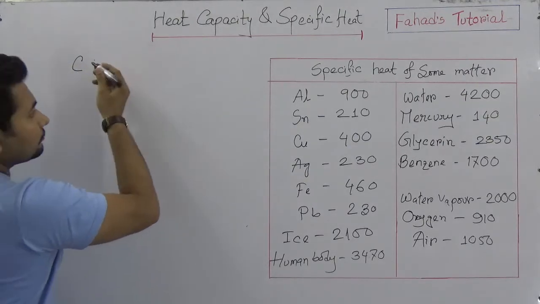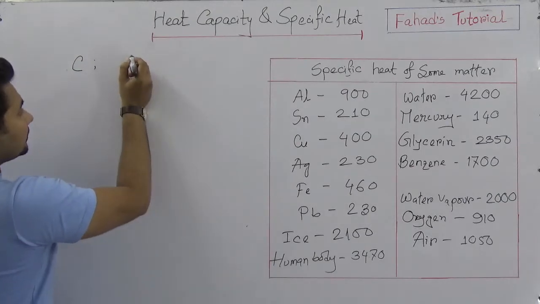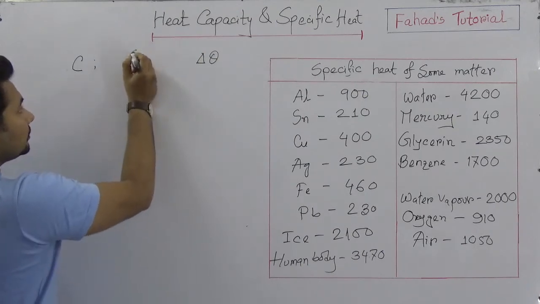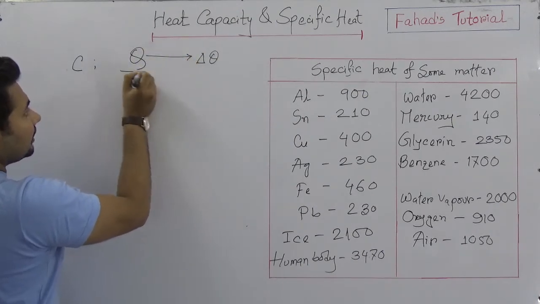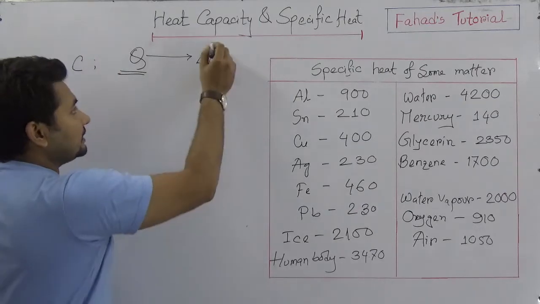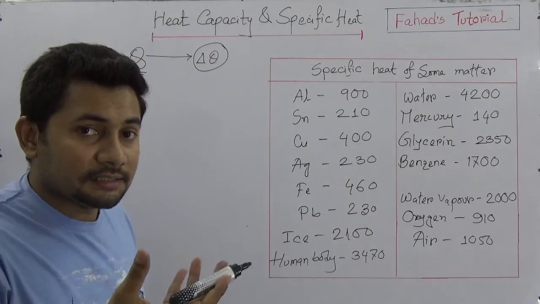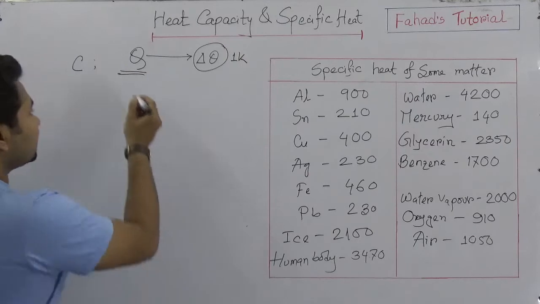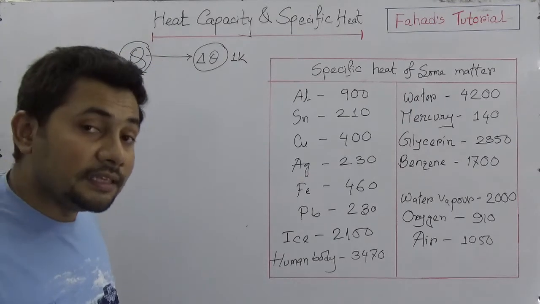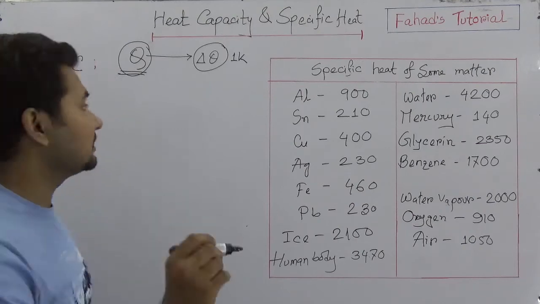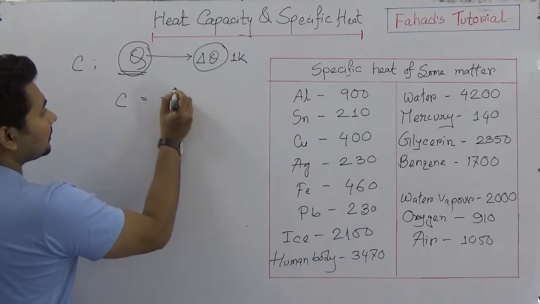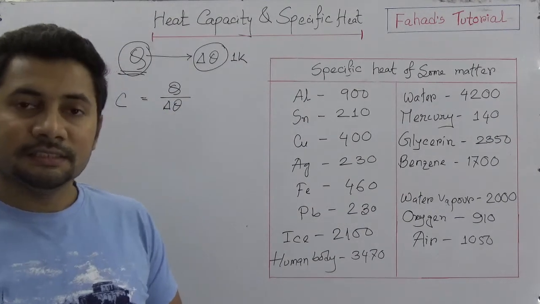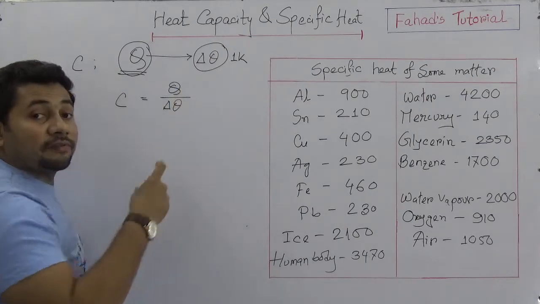So if we want to increase the temperature by del theta, a Q amount of heat is required. Here del theta is the temperature change. If we want to increase the temperature of any material by 1 Kelvin and a Q amount of heat is required, then the heat capacity is C equals Q by del theta, or Q by del T. Q is the amount of heat.